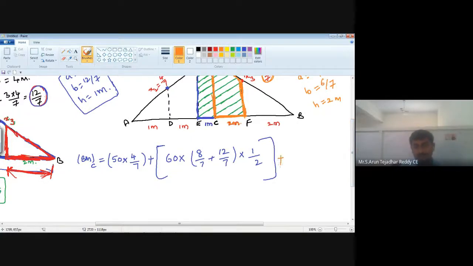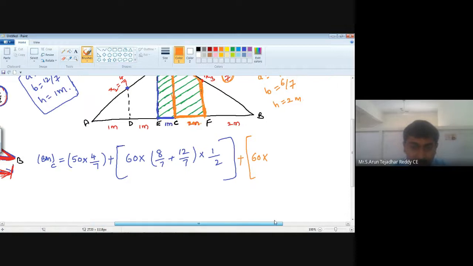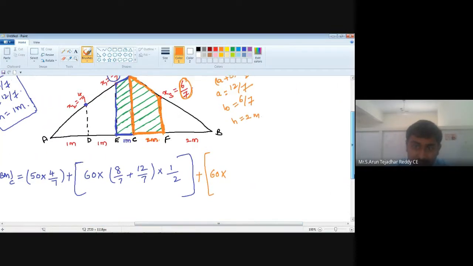Now, values substitute here. That is plus load into area of trapezoidal. That is A plus B into H by 2. A is 12 by 7 plus B is 6 by 7 H by 2. H is 2 by 2. 2 to cancel.